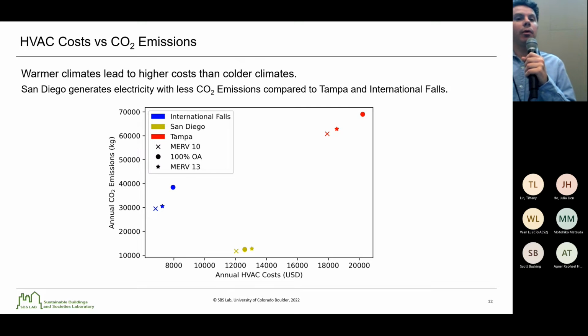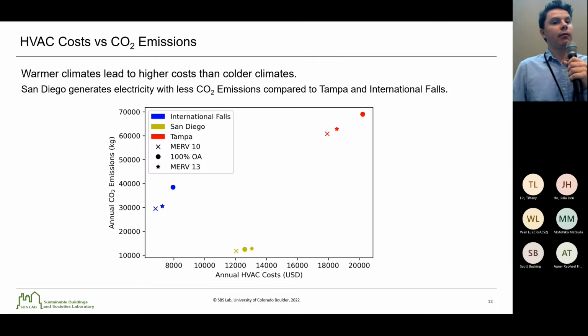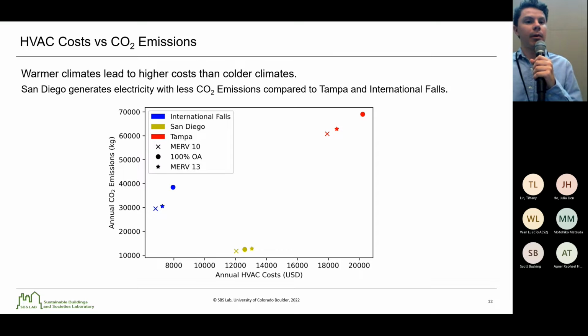This is simply because the warmer climates rely more on electricity for their HVAC energy consumption, because they require more cooling as opposed to heating, whereas the colder climate of International Falls relies more on natural gas heating for its energy consumption, and this gas consumption is much cheaper compared to electricity consumption, which is why we see much lower costs for the colder climates.